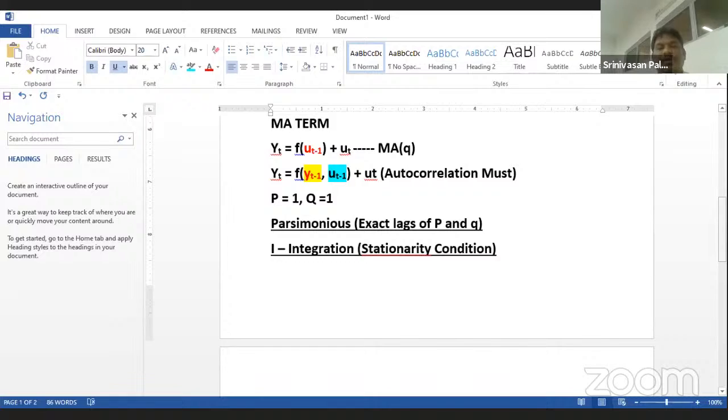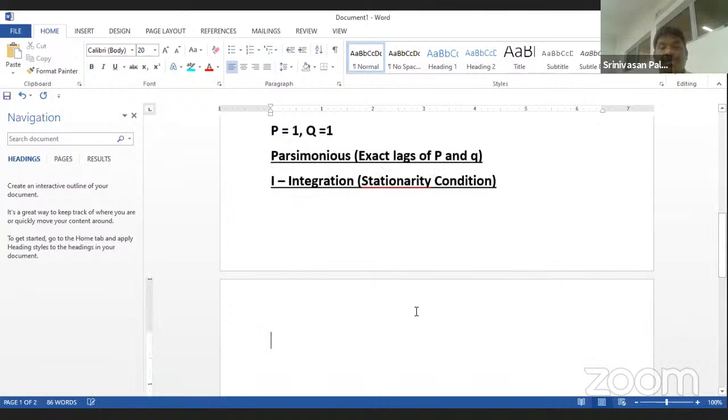Okay, fine. So now what are we going to do for P and Q? There is a procedure for the ARIMA model known as Box-Jenkins.